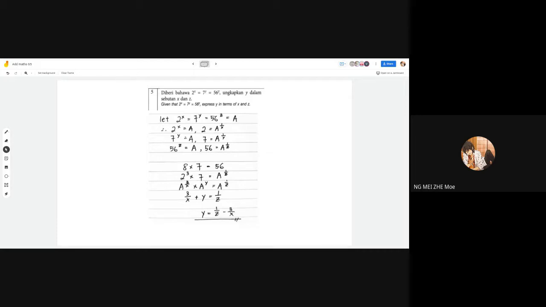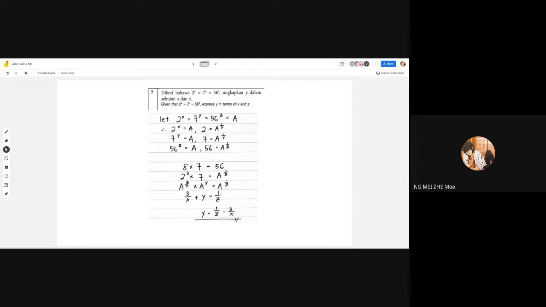To combine these 3 equations together, we need to find their connection. Then I found out that 56 equals 8 times 7, which is 2 power of 3 times 7. From the equation above, 56 equals a power of 1 over z, which made 2 power of 3 times 7 equal to a power of 1 over z.